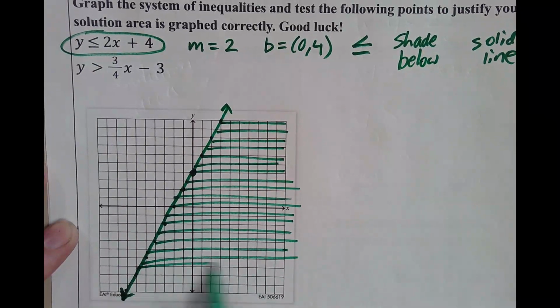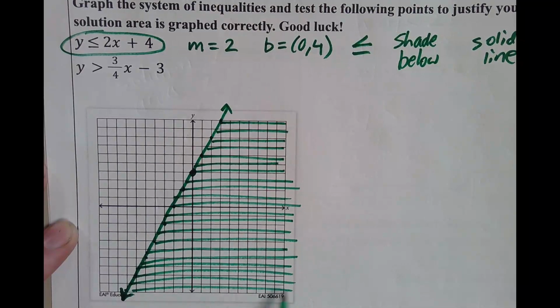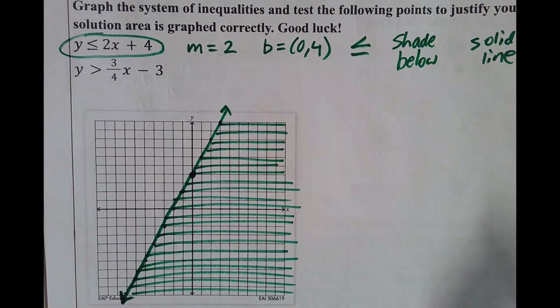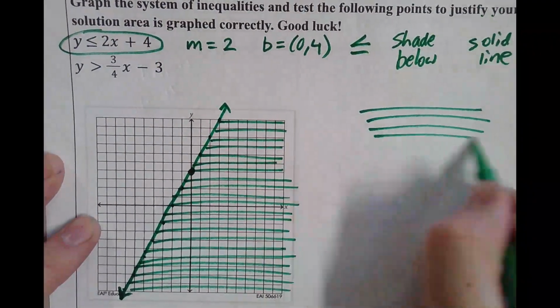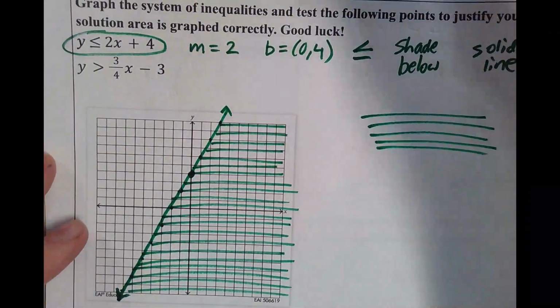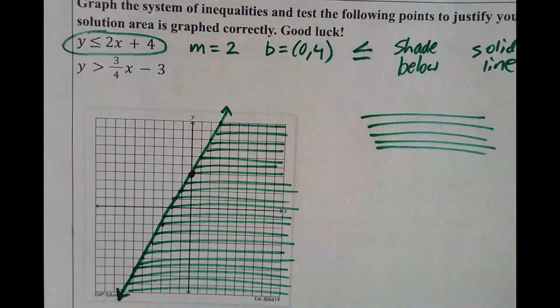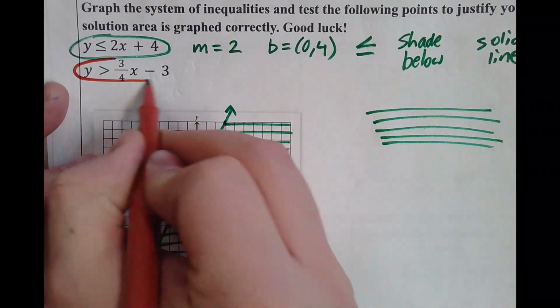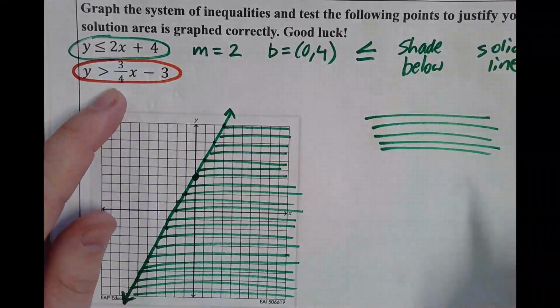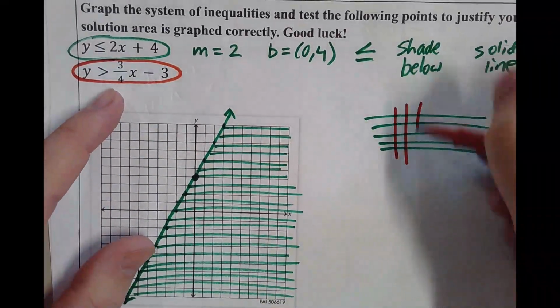I'm using the waffle method, because it looks like a waffle. Okay, and the next one I'm going to do the same thing, but this time I'm going to shade vertically.